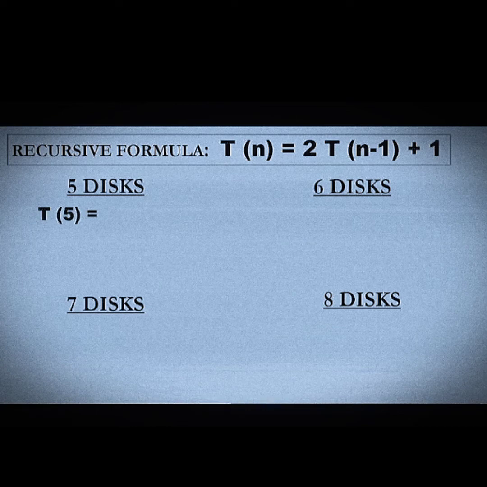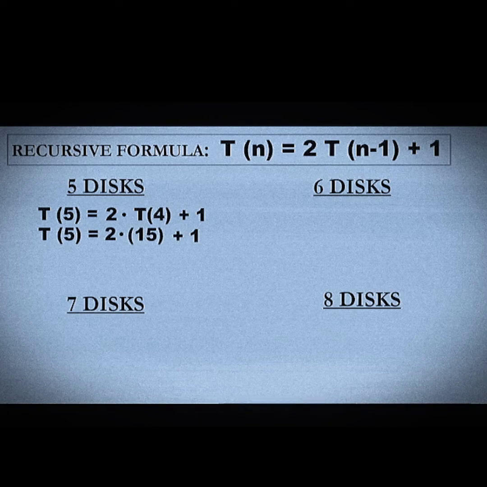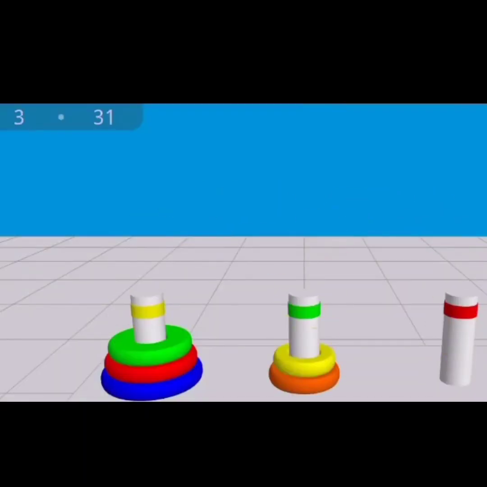With 5 discs, we have t of 5 is equal to 2 multiplied by t of 4 plus 1. Then 2 multiplied by 15 plus 1 is equal to 31 moves.